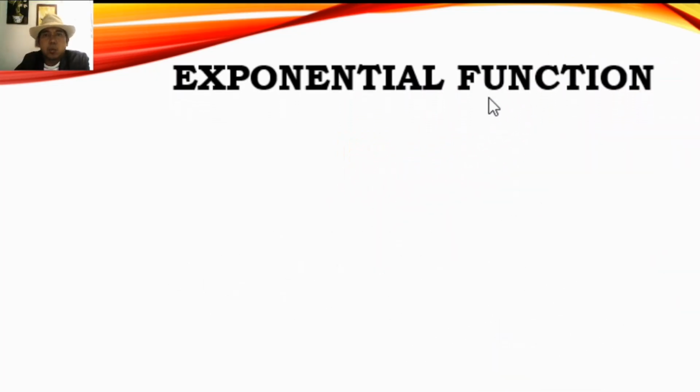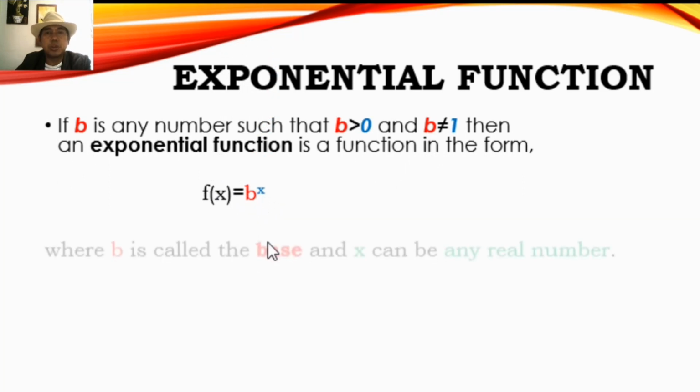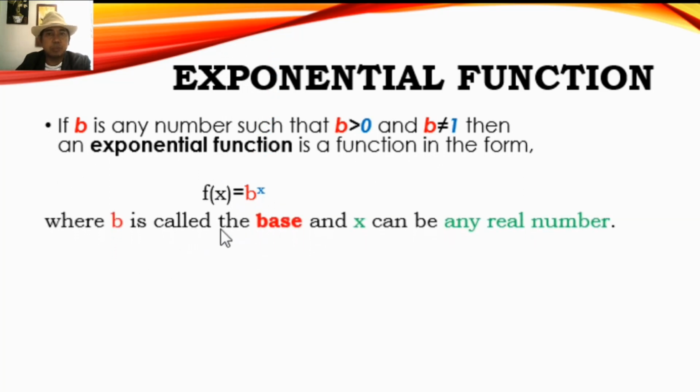And now let's continue with our focus for this lecture series, the exponential function. In the exponential function, we have to understand the notation f of x is equal to b raised to x, wherein your b is called the base, and x, the exponent, can be any real number.